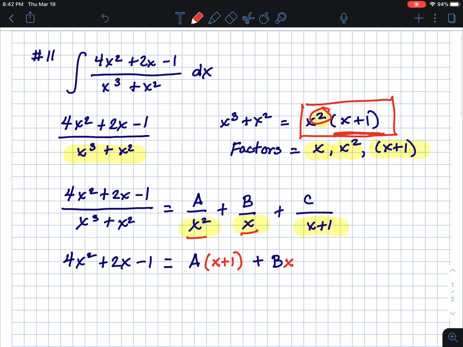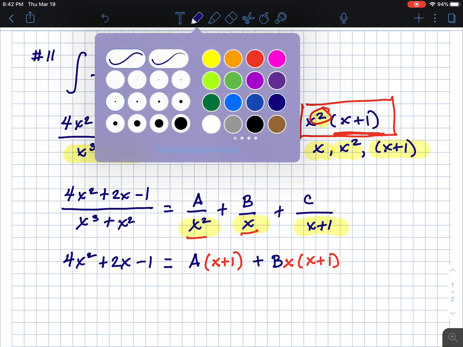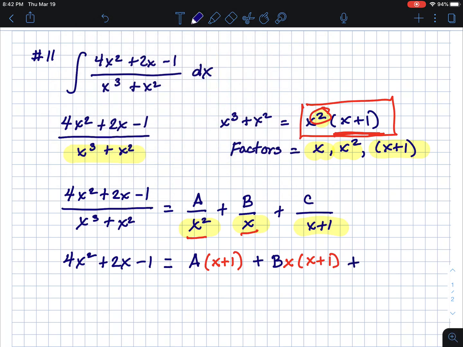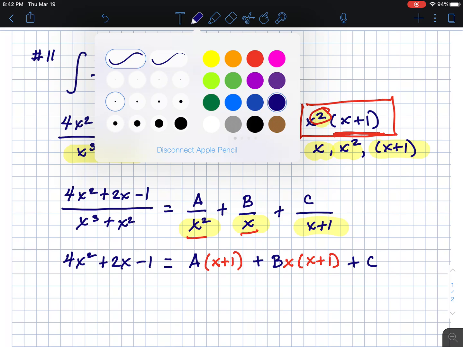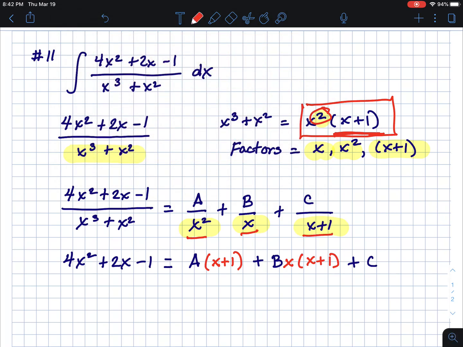So we'll have x times x plus 1. And then we have C. We have an x plus 1 right here, so we're just missing the x squared.